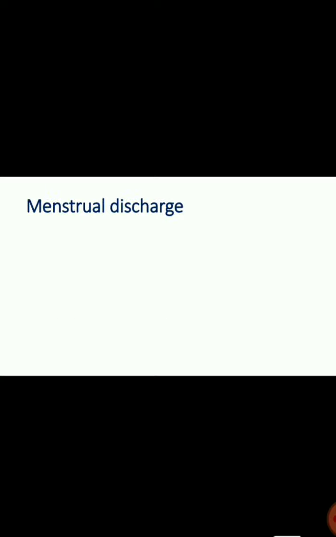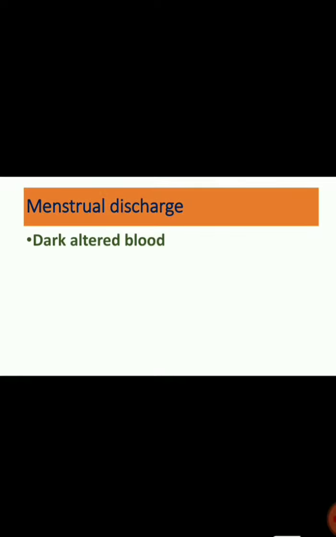So, what does the menstrual discharge contain? The menstrual blood doesn't contain only blood, but it also contains some other things along with it. Obviously the blood is present, the dark altered venous blood. Mucus from the cervical secretion and uterine secretion is present along with the discharge.